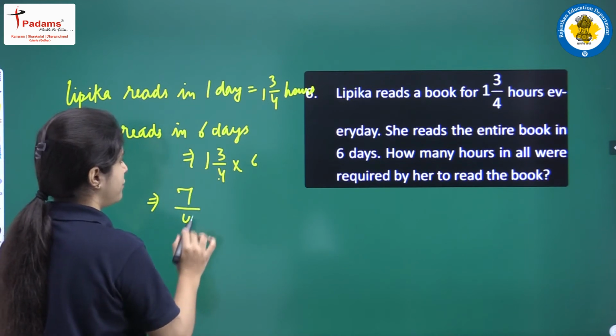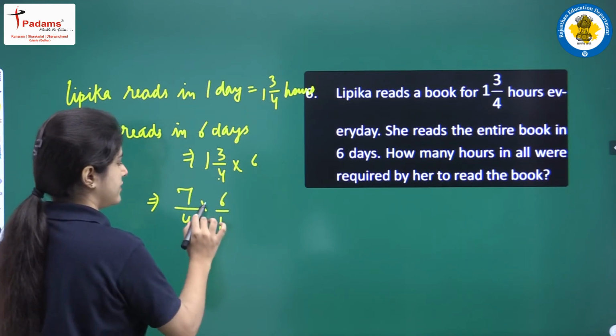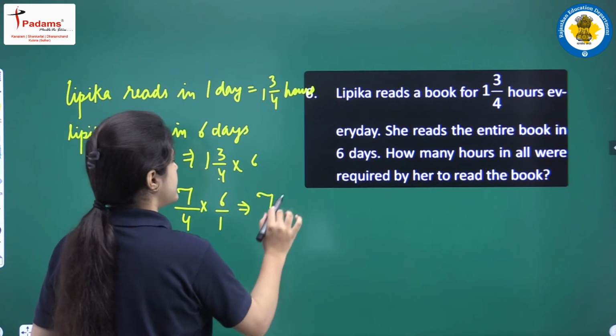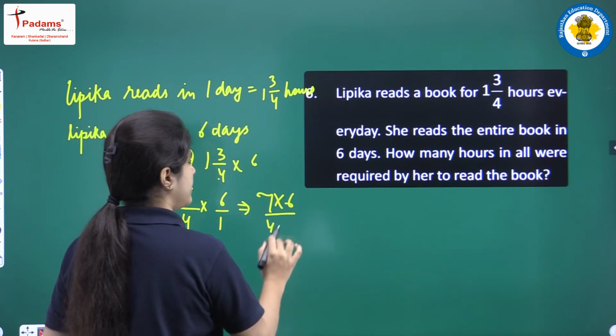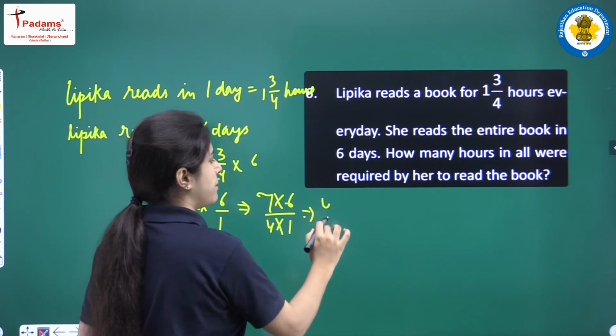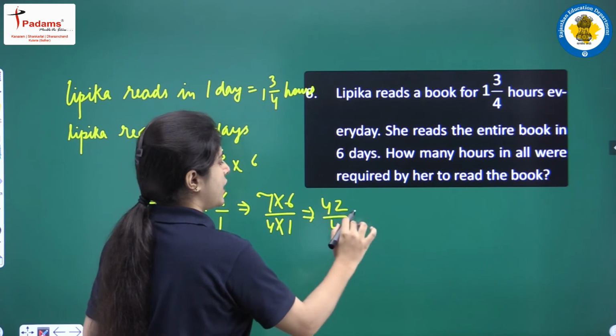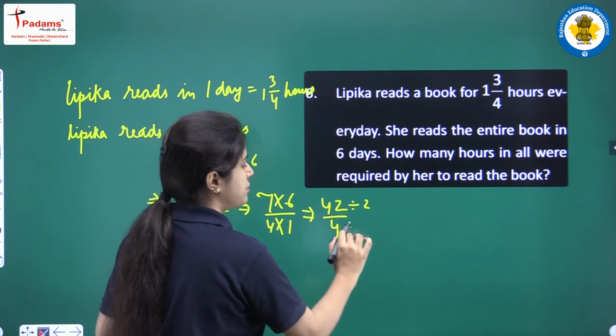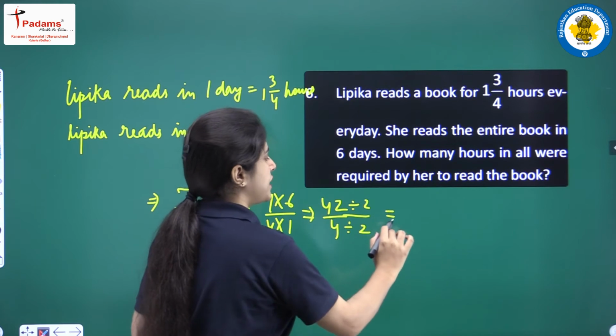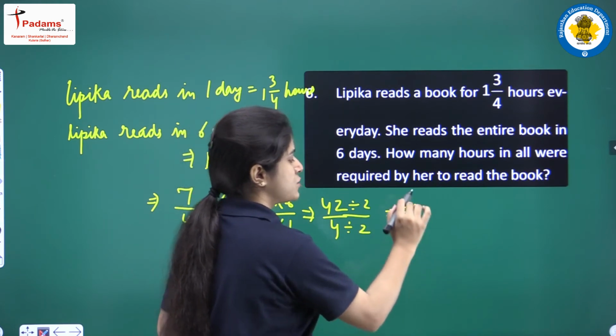So 7 upon 4 into 6 upon 1. 7 into 6 upon 4 into 1 is 42 upon 4. Now we can divide by the table of 2, so this is 21 upon 2.